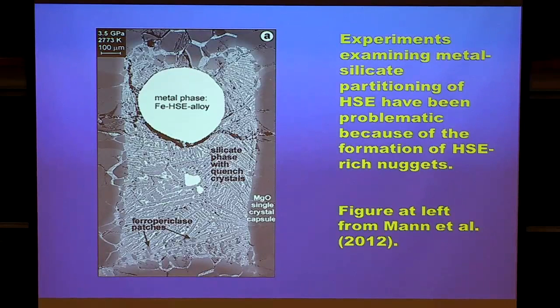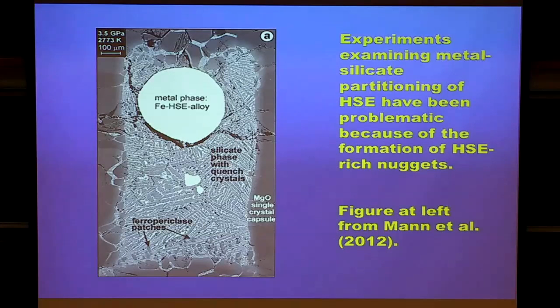What these guys did, Mann et al., which is the paper that we're going to be drawing our data from, they put some metal and some silicate into an MgO single crystal capsule, and they pumped the system up to varying pressures and temperatures and let it equilibrate, and then they quenched it, and then they analyzed the metal and the silicate for the concentrations of the highly siderophile elements in it. And since a D value is a concentration ratio, you just get a D value from that. Sounds really simple. Is it really simple?